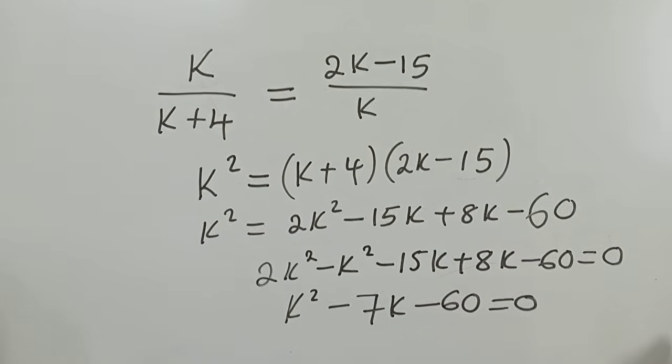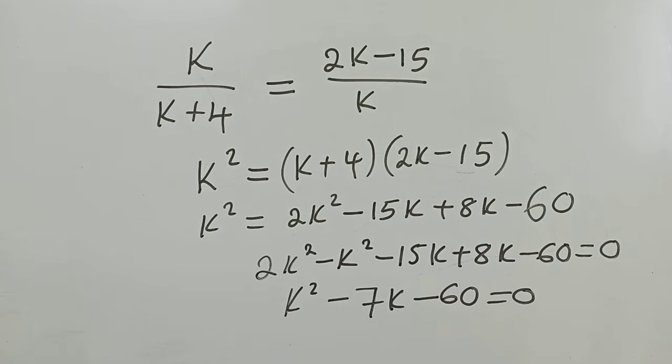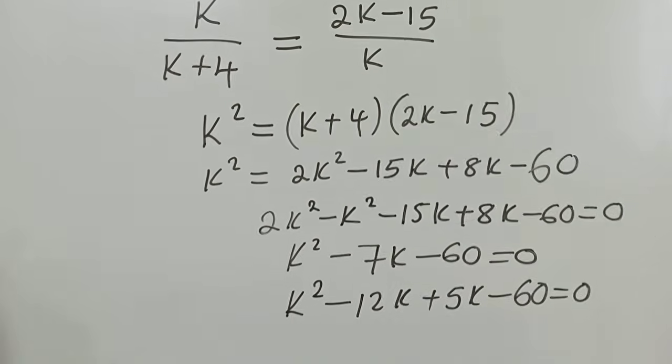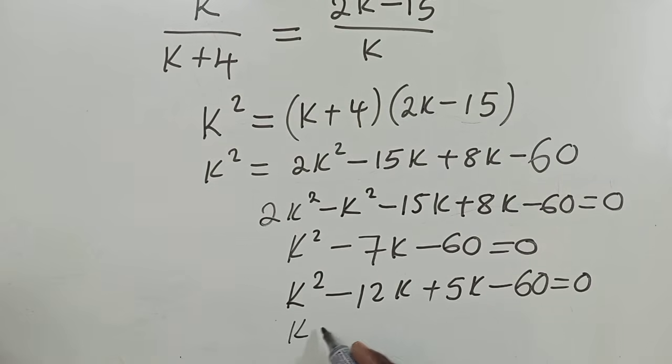So if you can see nicely, this is a quadratic equation and I guess you can solve it. So how do we solve this quadratic equation? Find the factors. So we have k squared minus 12k plus 5k minus 60 is equal to 0. So now we can factorize, or we factor out k here.